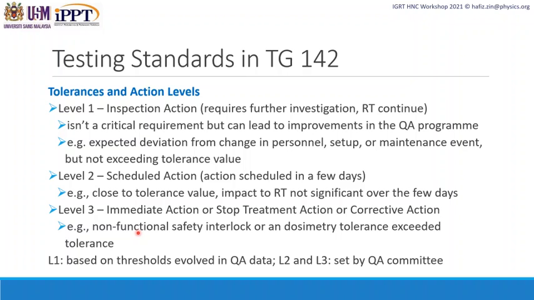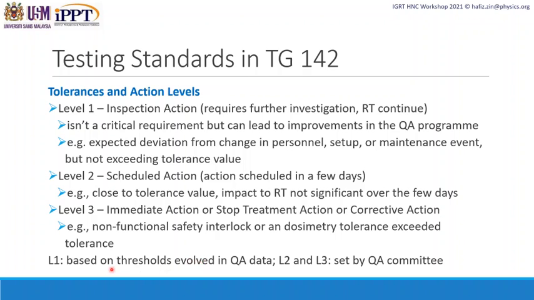So how do you define these action levels basically? It is actually based on your data set in the department, and it can be developed over time. Once you have performed enough QA at your department, you can come up with your action levels based on the values that you got.